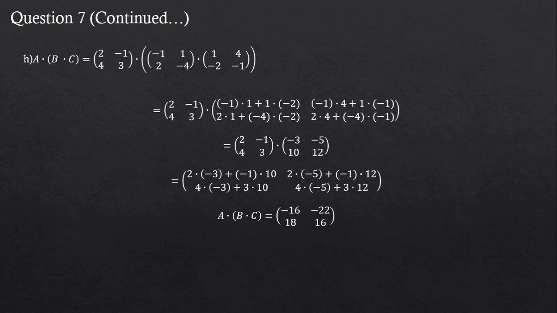The final sub-question is pretty much the same as G, except that we will do B times C first. So we do B times C, and we get negative 3, negative 5, 10, and 12. Observe that the final answer is exactly the same as G: negative 16, negative 22, 18, and 16.